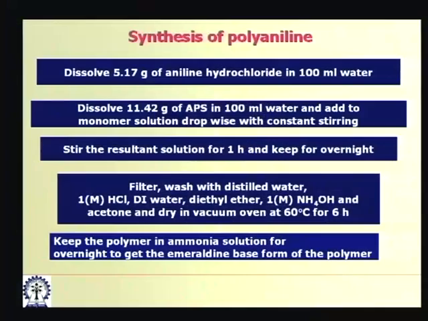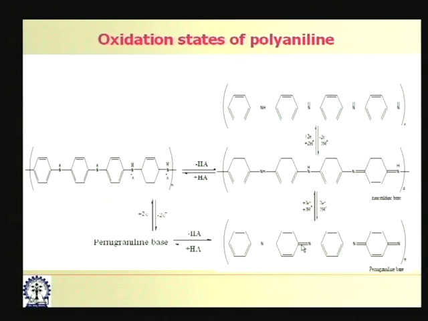So, for storing the polymer, keep the polymer in ammonia solution overnight to get the emeraldine base form of the polymer. Look at the structure of the polymer. Here you see this is leucoemeraldine base, the formula of the leucoemeraldine base.